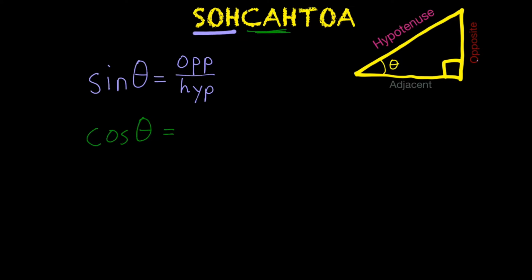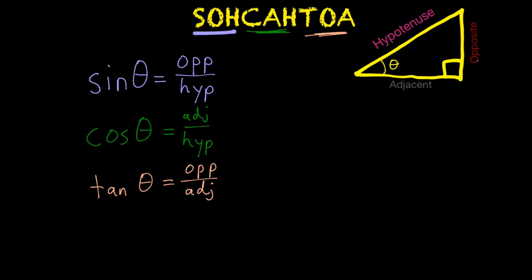And then that's equal to AH, adjacent, over hypotenuse. And then lastly we'll look at the last three letters of the made up word, T-O-A. So the tangent, or tan, of theta is going to equal OA, opposite, over adjacent. So there's our three definitions.